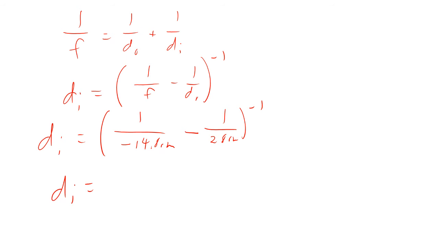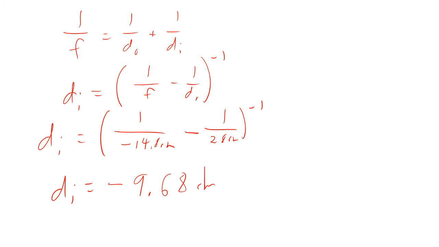You notice right away, we have negative and negative. That means the result has got to be negative. So for a convex mirror, the image distance is always going to be a negative number, and so it's always going to be a virtual image.